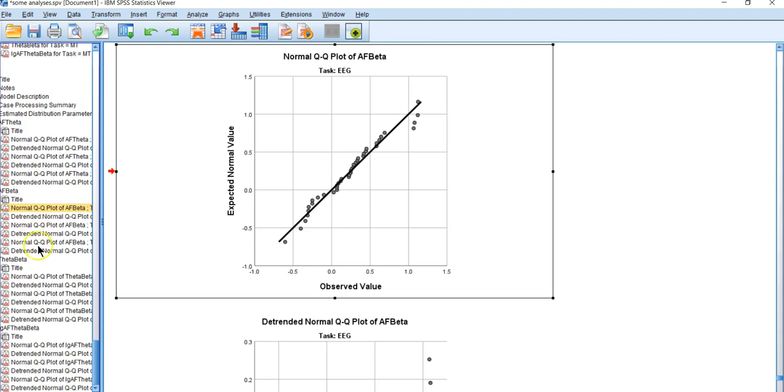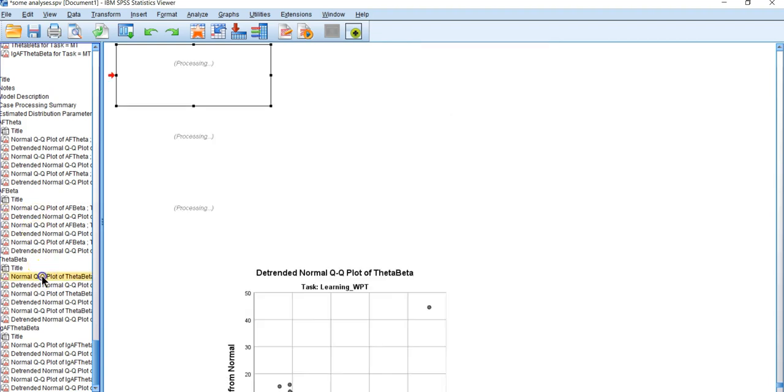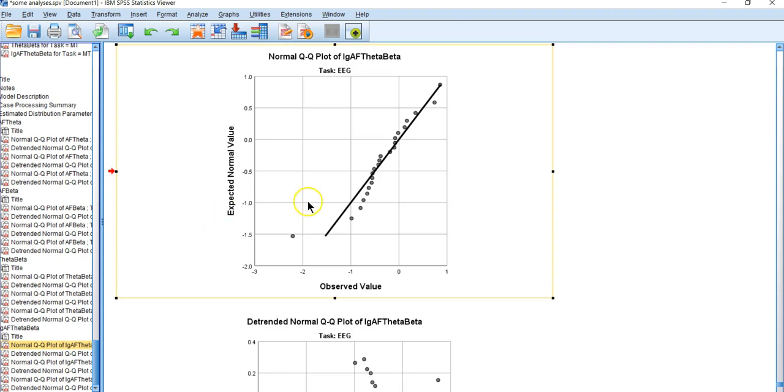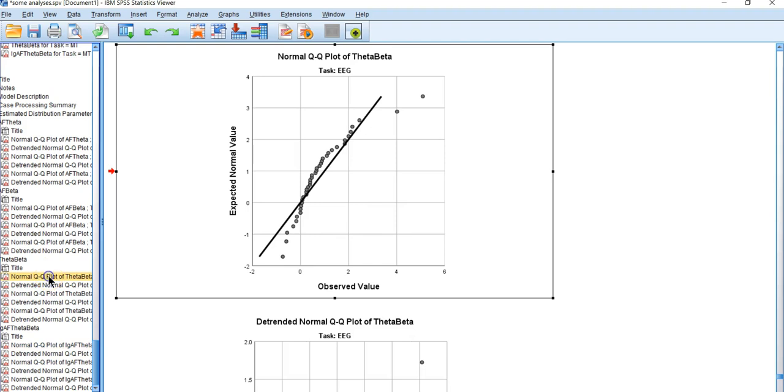Again, we can see it's pretty straight. Theta beta, oh, look at this baby. It's got this big bend in it. We don't like that. That's demonstrating the skewness. And we come back to the log. You know what? It wasn't perfect, but it came much closer to a normal distribution by logging the values.